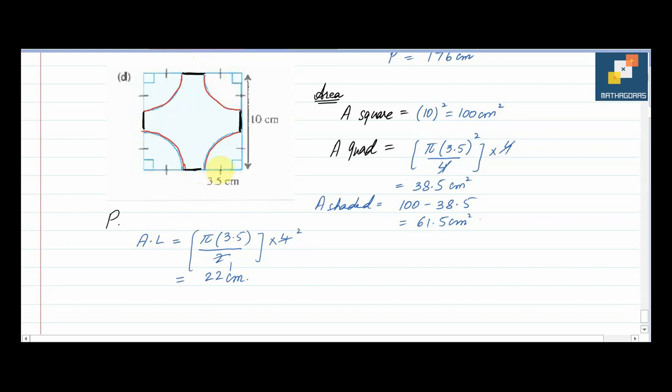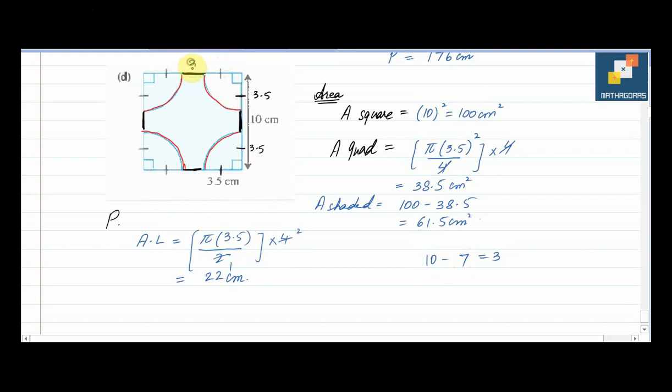Now this length indicates that it's 3.5, means that it's also 3.5, and this one is also 3.5. So 3.5 plus 3.5 is basically 7, right? So if I subtract 7 from 10, it gives me a value of 3.